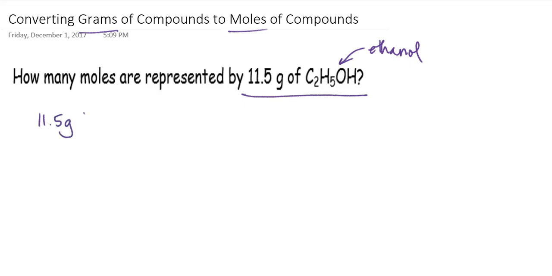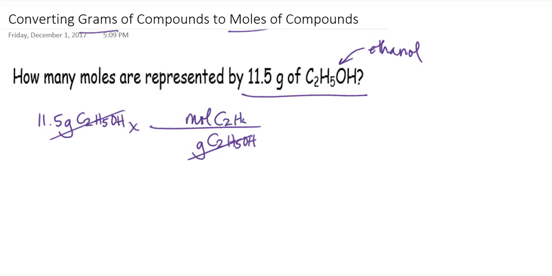I have 11.5 grams of ethanol, and I want to convert from grams of ethanol. Again, notice I'm keeping these units diagonal to each other so that they cancel, and I want to convert to moles of ethanol. Notice here I have the units of grams per mole, which is typical of molar mass, but the units are in reciprocal form. That means that when I find the molar mass of ethanol, it's going to go in the denominator in this case, as opposed to the numerator.